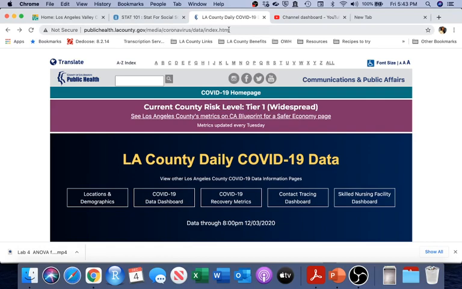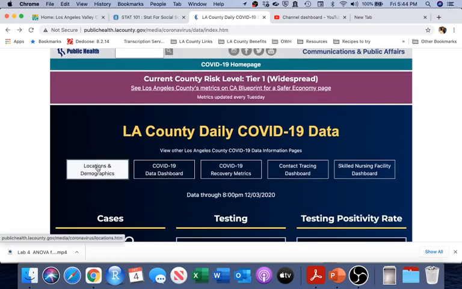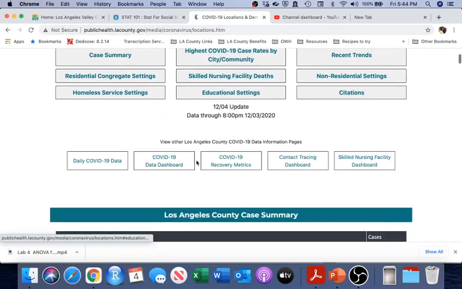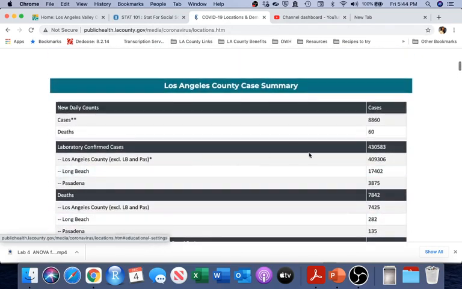If you just search for public health, LA County, or search COVID-19 LA County dashboard, you'll get here. And then, okay, I think this is the same link. So when you go to the link in the slide, if you scroll, it shows the number of cases.